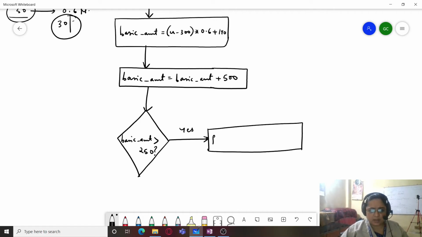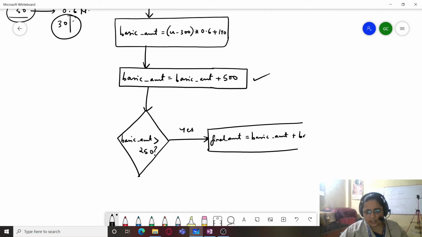So final amount will be calculated as basic amount plus 15% surcharge on the basic charge, right? That is whatever has been calculated in this step, on that 15%.